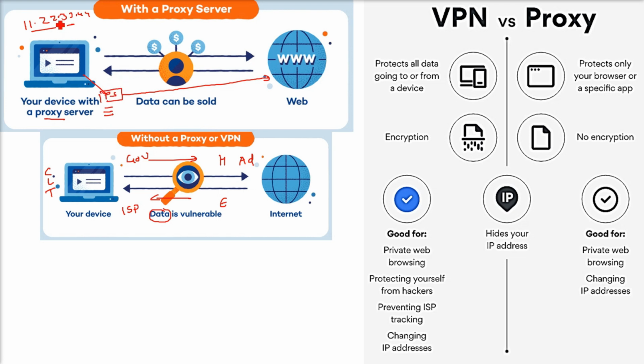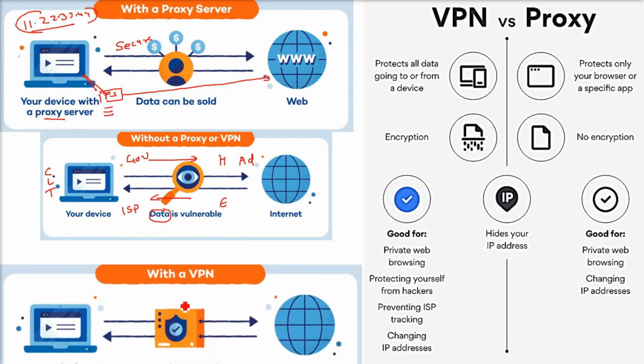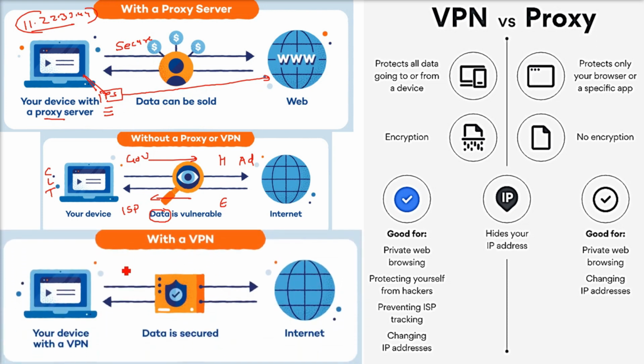So the speed can also be increased because anonymity has been achieved, but the data is still not secure, because the data is open through the proxy server. Whenever it is going out of the proxy server to the web, it is known to everyone. Now comes the VPN. Now VPN has two jobs. The first job, it does exactly like a proxy server.